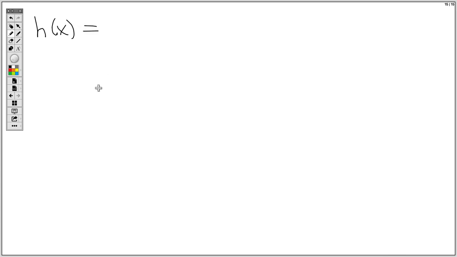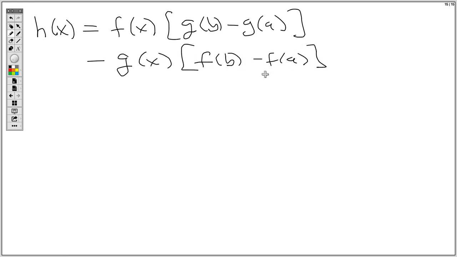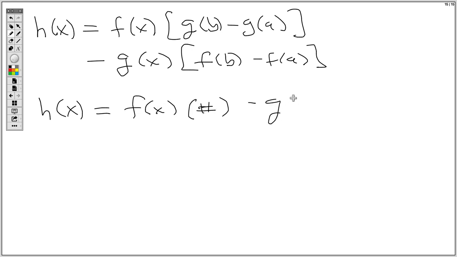So I'm going to rig up a function h of x to be f of x times the quantity g of b minus g of a minus g of x times the quantity f of b minus f of a. And what's important for you to remember, like back when we did the mean value theorem, is that this is just f of x times some number minus g of x times some other number, okay?